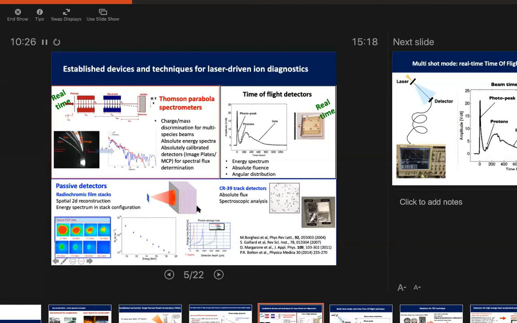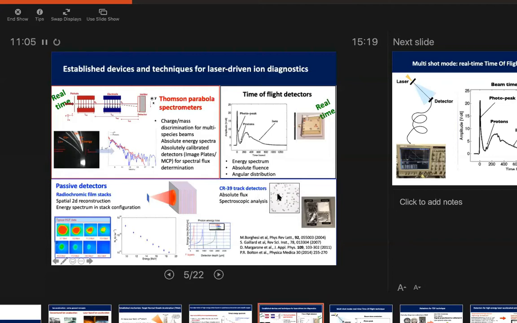So placing different layers of RCF close to the target, you can measure the beam spot, the whole beam. You can have information on the shape and dimension of the beam, but also on the energy, according to the different layers of RCF that particles can reach. So in this way you can have the shape, the size, and also the angular divergence, according also to the energy.